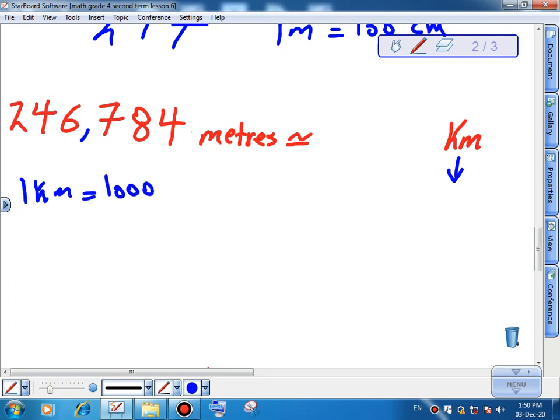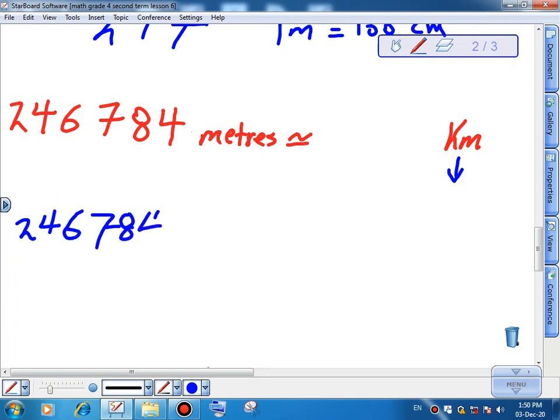So I need to divide, because from the smallest to the greatest unit we divide by 1,000. We have 3 zeros, so we need to put the decimal point after 3 digits from the right side.